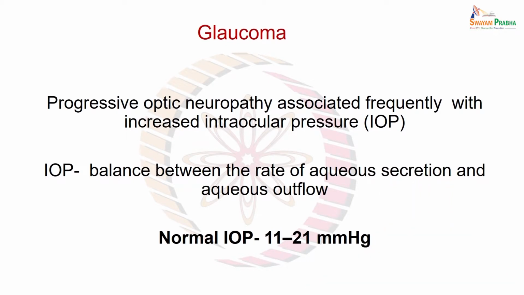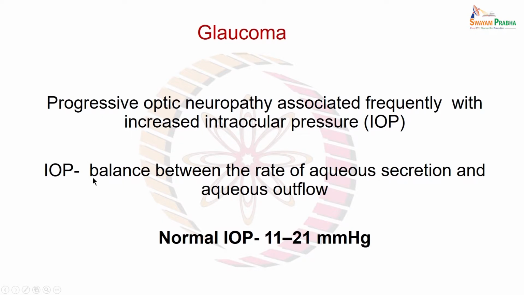It is primarily a progressive optic neuropathy which is frequently associated with increased intraocular pressure. However, the intraocular pressure may be normal, which is called normal pressure glaucoma. It can sometimes even be low, which is called low pressure glaucoma.